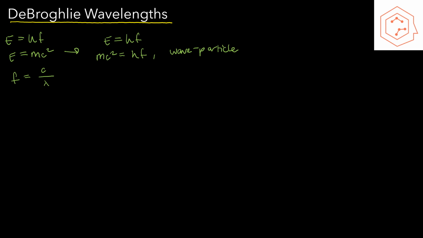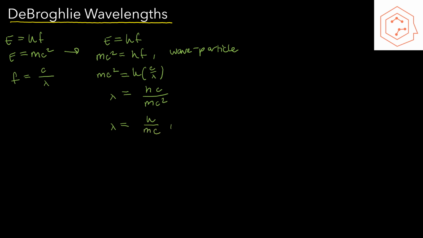And then, to finish off the equation, we'll express the frequency of the wave in terms of its speed and wavelength. And we'll isolate for the wavelength by multiplying to the other side. So we get that lambda is equal to hc divided by mc squared. And then one of the c's cancels out. So lambda is equal to h over mc.